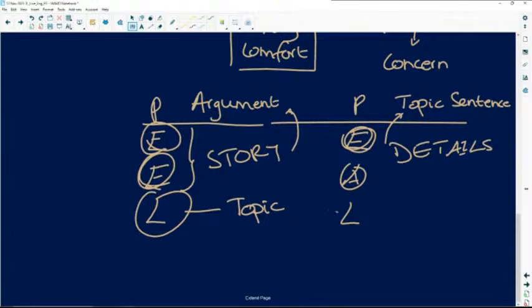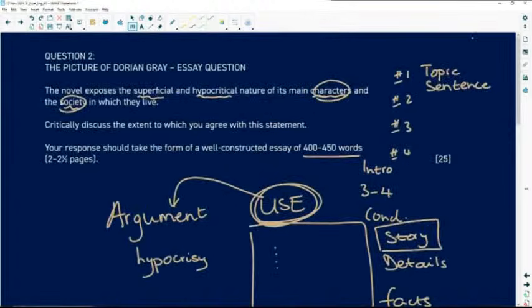Show me that you have remembered there is a topic that you are arguing. So that's how you structure each paragraph. So your 4 paragraphs, 1 to 4. What is my argument? What is my story? So please, who begins with, well, what the novel is about? Please, I know what the novel is about.